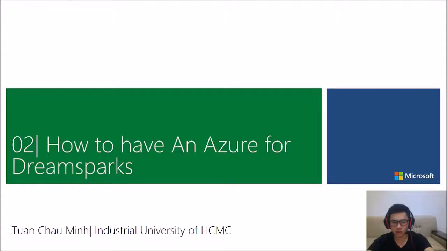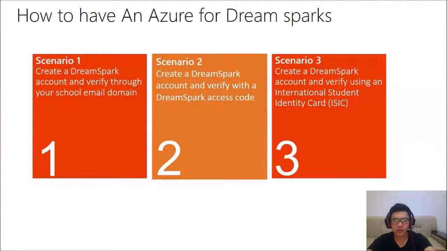So how do you get Azure for Dreamspark? We have three ways. The first way: if you are studying at a school linked with Microsoft, you will have a Dreamspark for student account and you can activate Azure for Dreamspark.